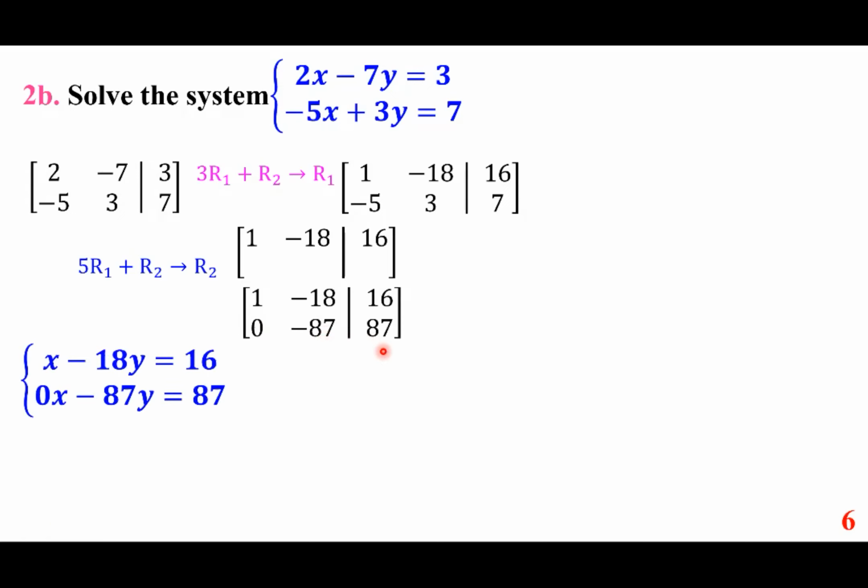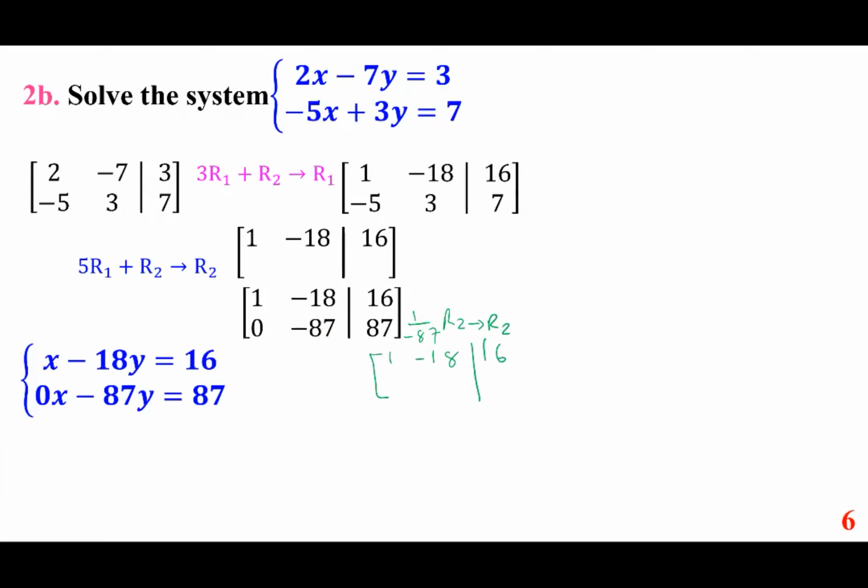But all I have to do is say 1 over -87 row 2 goes to row 2. If I do that, we have 1, -18, 16.